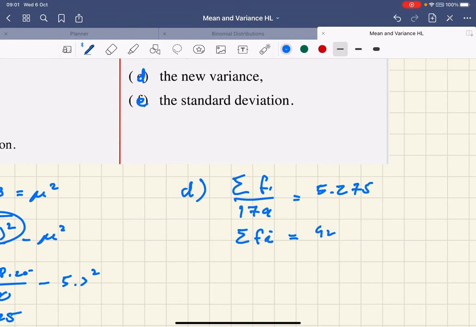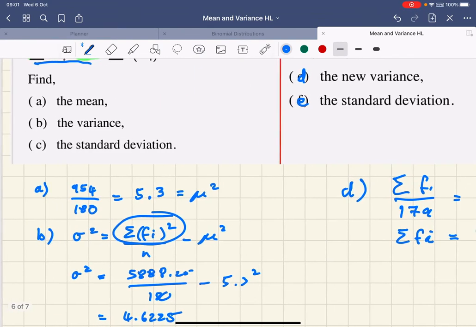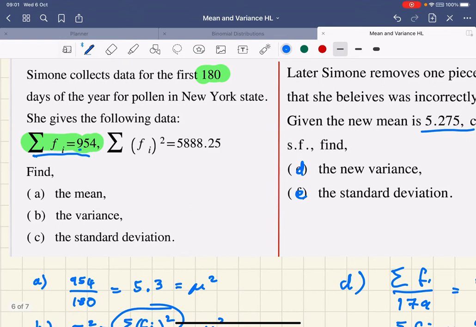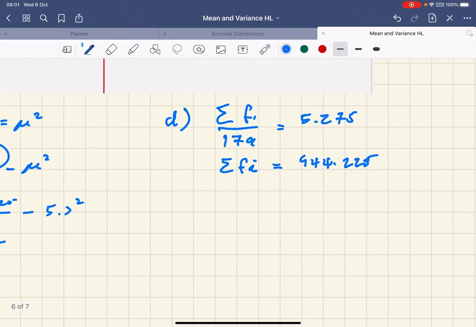I've just done this, 944.225. Now if I take the previous total, the 954, and take away the new total, I've worked out the value of the piece of data that was removed, 9.775.